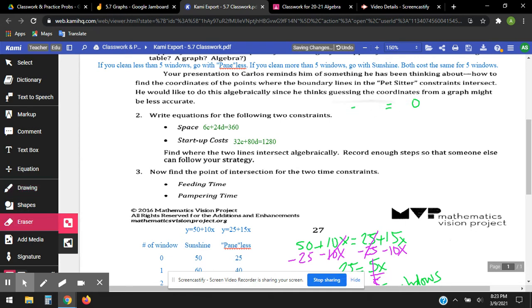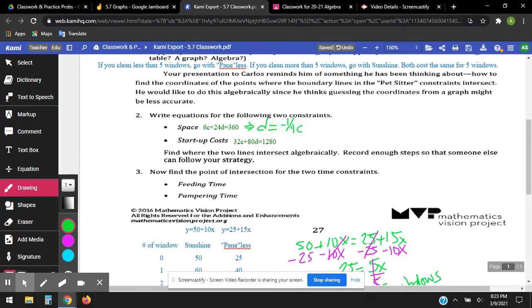We can't make them equal yet because they don't equal the same thing. First, we've got to put it into the d equals form. If you remember doing this from one of the earlier lessons, we ended up with d equals negative 1/4 c plus 15.